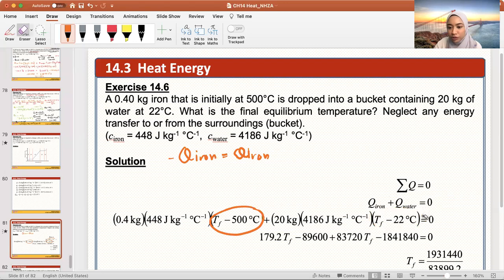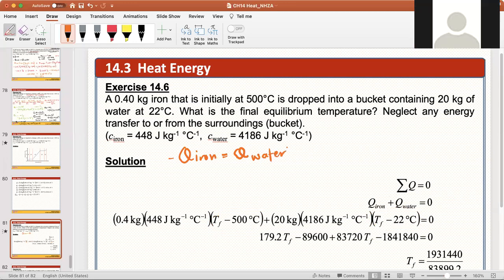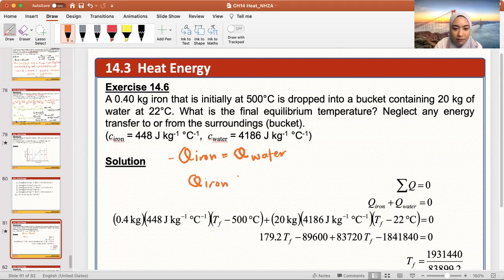Okay, so there's two approaches to do this. Either you use minus Q iron. Somebody is releasing the heat, so in this case, it's the iron and the other guy is the water, sorry. Doktor yang cakap negatif Q iron tadi Fakri. Oh, sorry, Fakri. Thanks, Fakri. So minus Q iron equals to Q water. If you put this guy on the same side, plus Q water equals to 0.